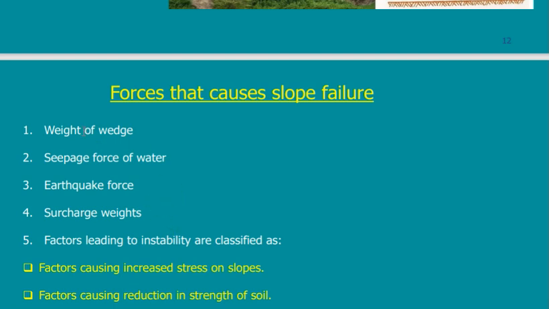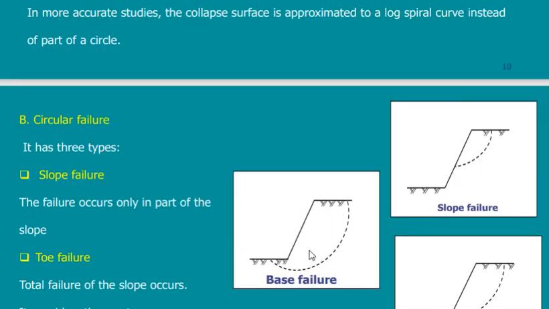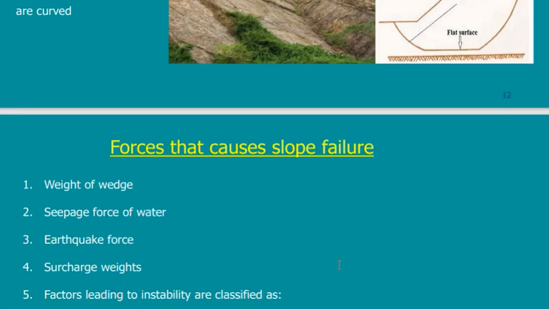So this is exactly what we are going to do. We are going to study what are the forces that cause slope failure. If I have this slope or this slope, what forces are driving this slope to move? And what forces are preventing this slope from motion? Okay, so we will go.